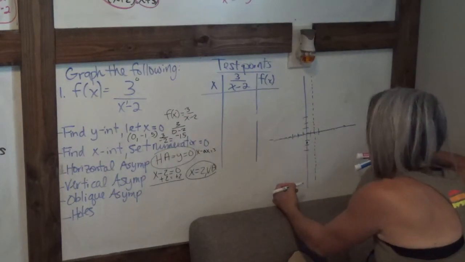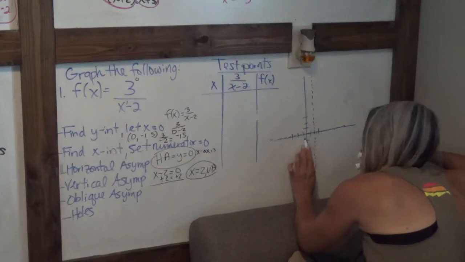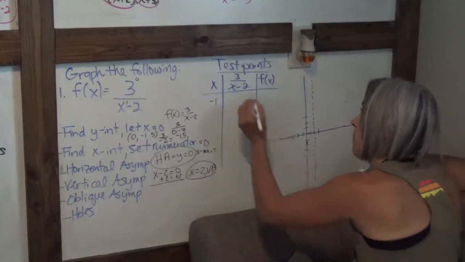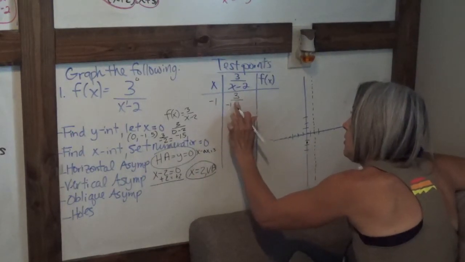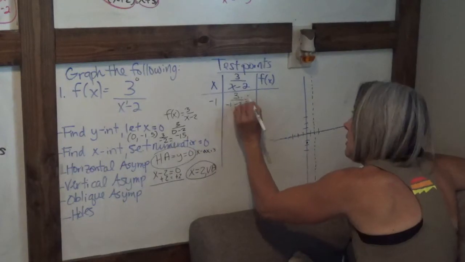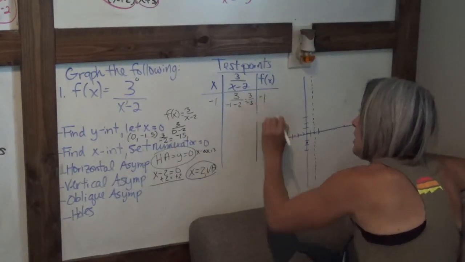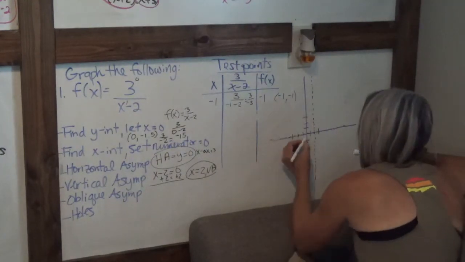Let's choose another number that is somewhere over here. Let's choose negative 1. I'm going to plug it into the equation. Negative 1 minus 2 gives me 3 over negative 3, which is negative 1. So I would plot (negative 1, negative 1).